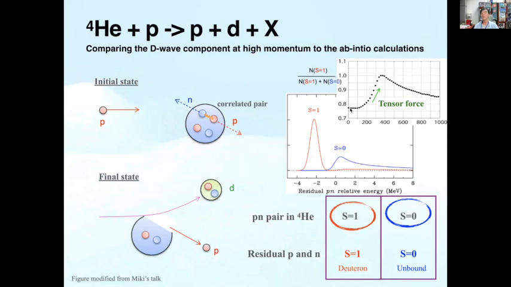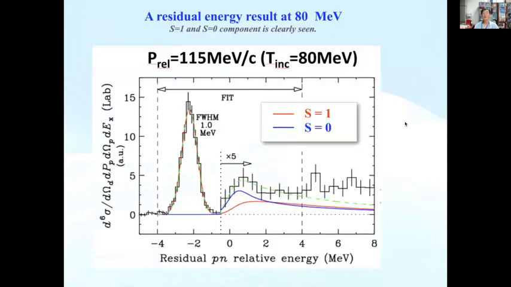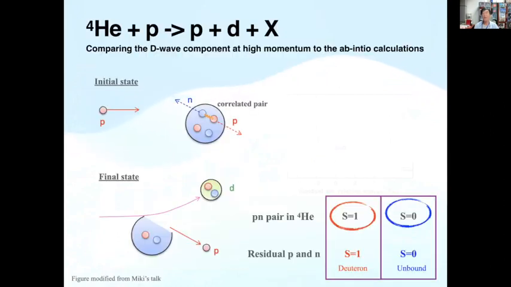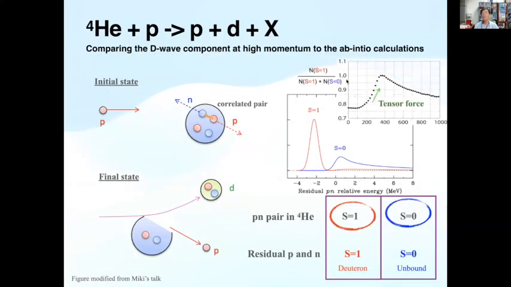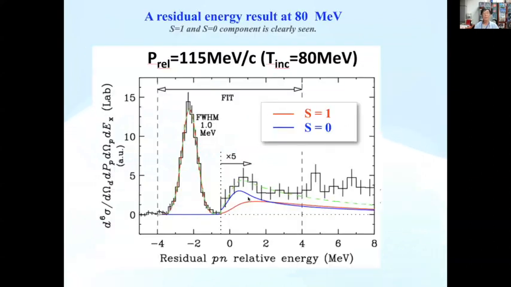Okay, so do we see this kind of behavior or not? That is the main aim of the experiment. So this is the easiest to see because it is the lowest energy and lowest momentum transfer. You see this is the observed spectrum.